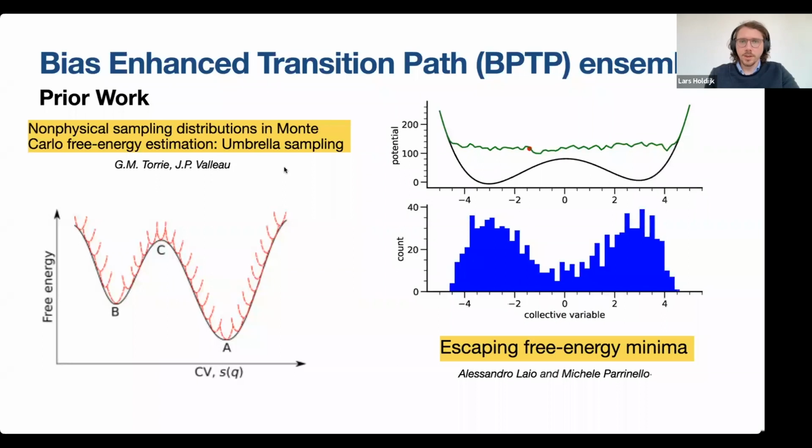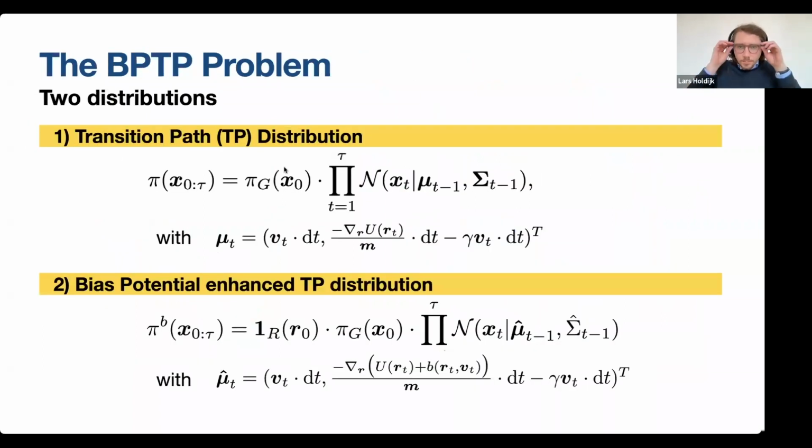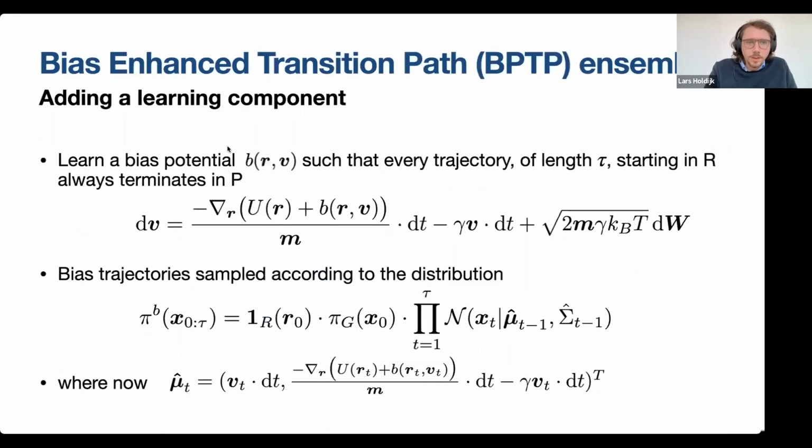So, but where does it leave us? Until this point, I have not done much besides defining distributions. So we have the transition path distribution, which is... this is not the transition path distribution.